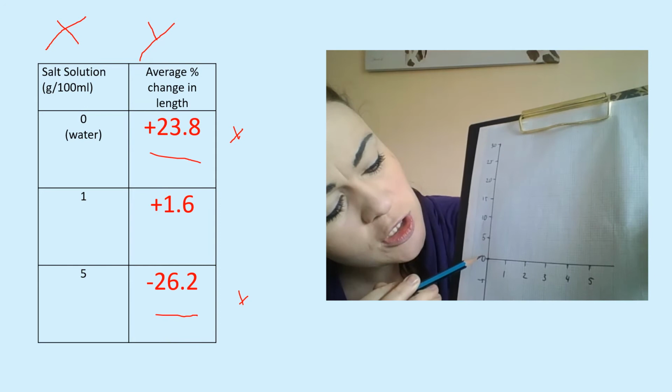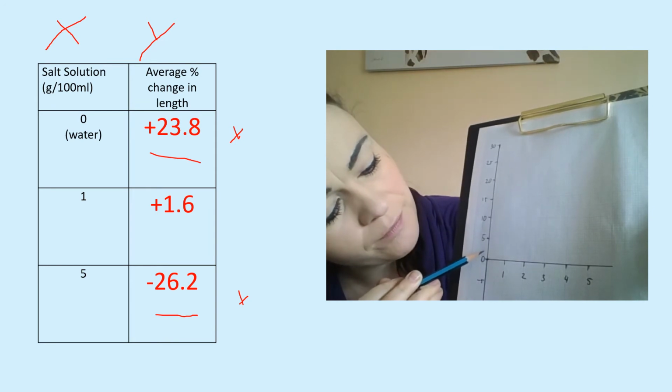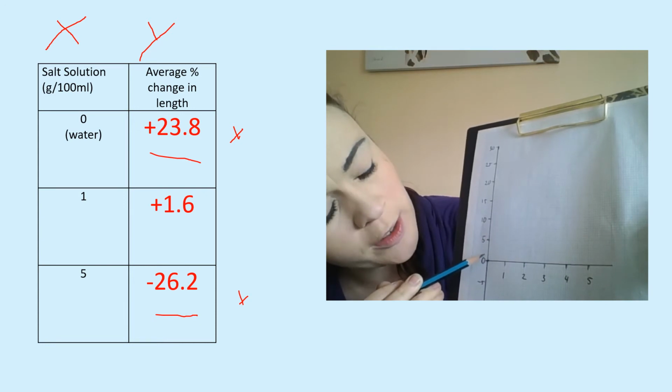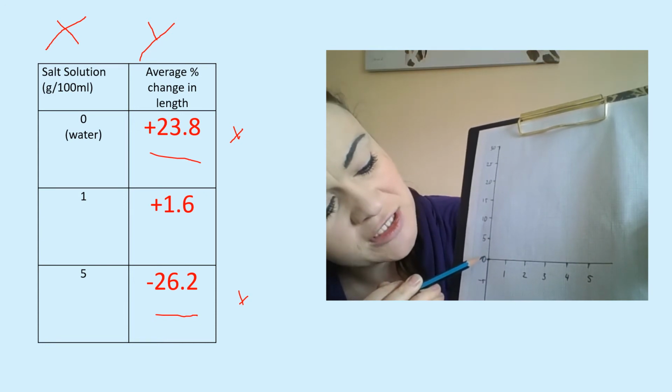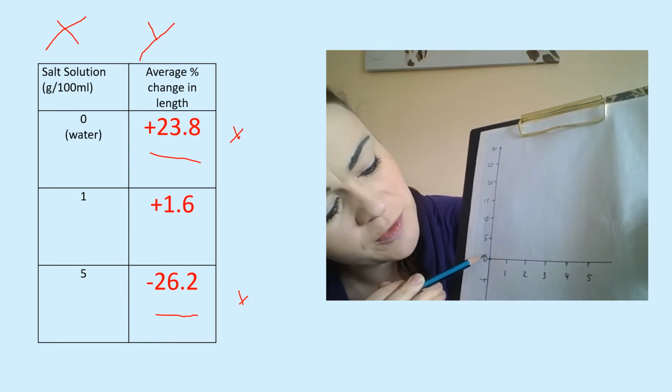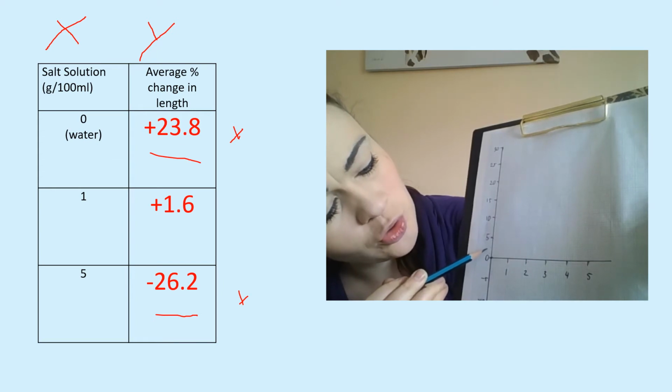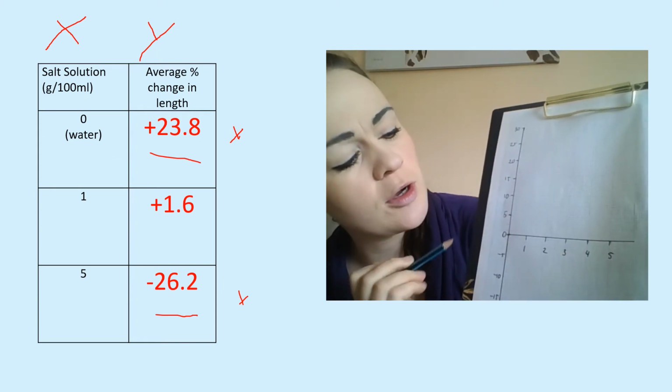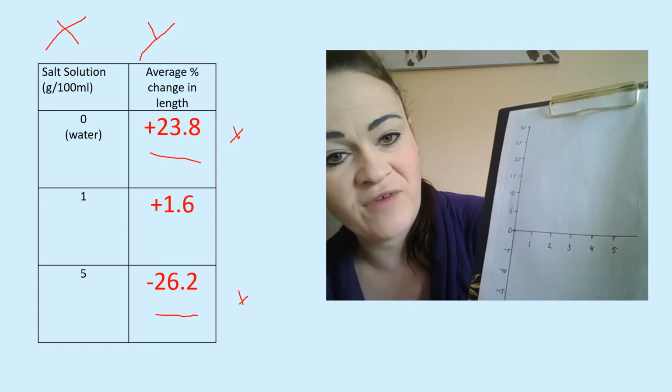If our 5 was here, that would mean every little box was worth 1. But because for every single unit we need 2 boxes, so it would be 1, 2, 3. Every little box is worth 0.5.